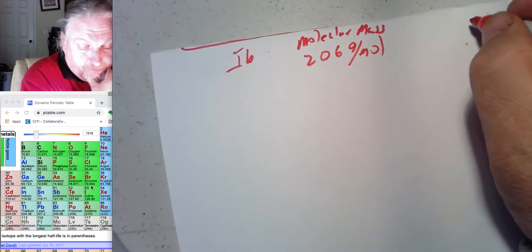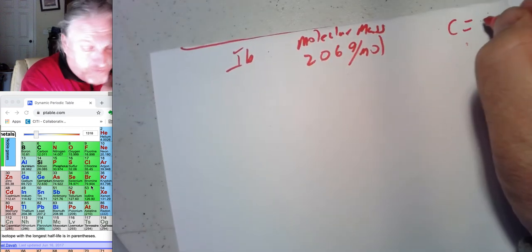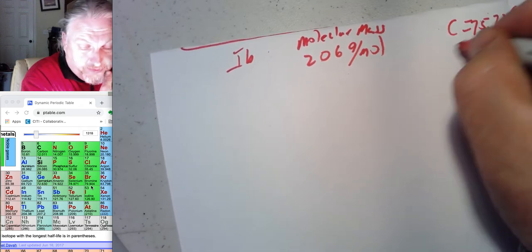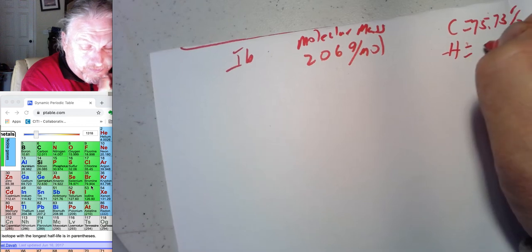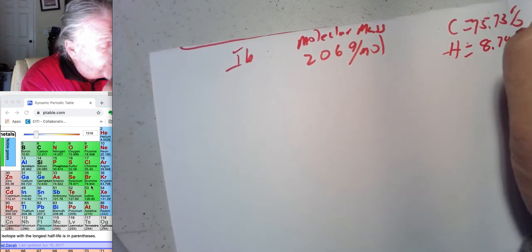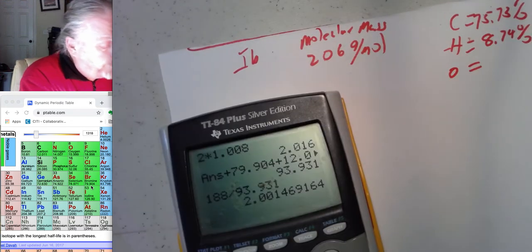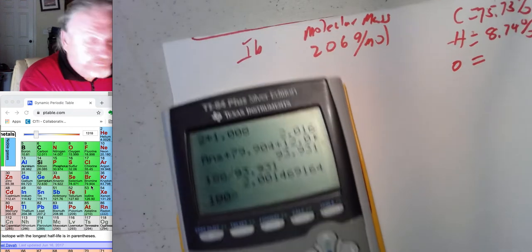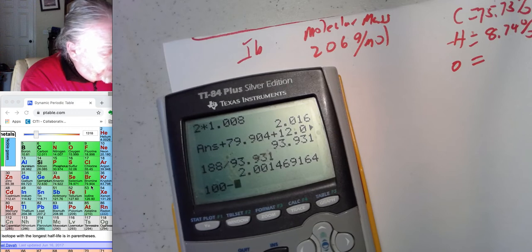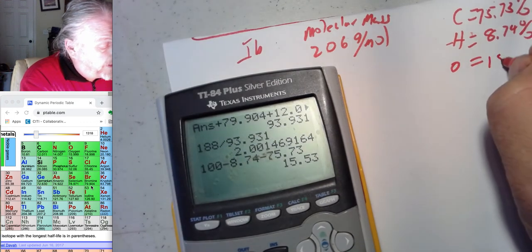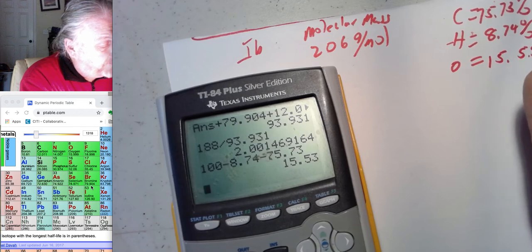Ibuprofen has carbon at 75.73%, hydrogen 8.74%, oxygen the rest. So I'm smart. I know if I take 100% and I subtract 8.74, then I subtract 75.73, that will give me my percentage of oxygen, 15.53%.